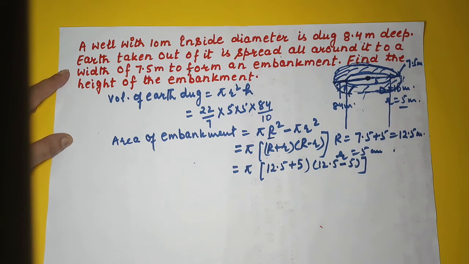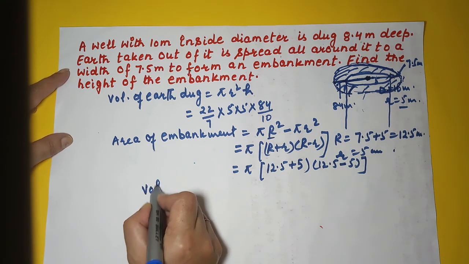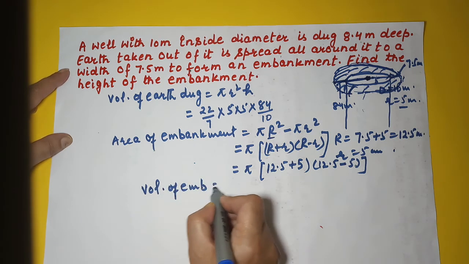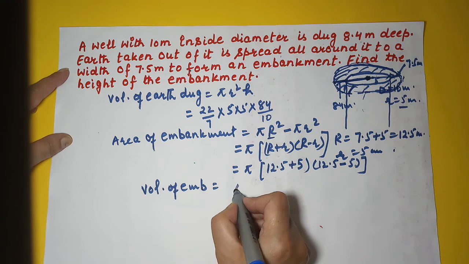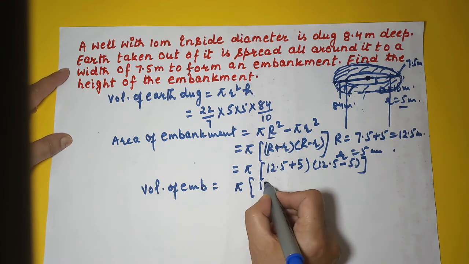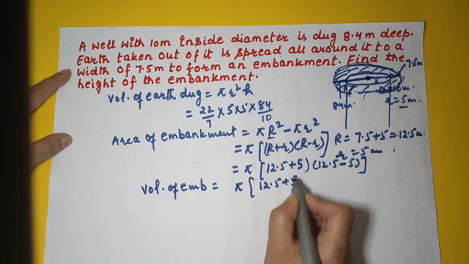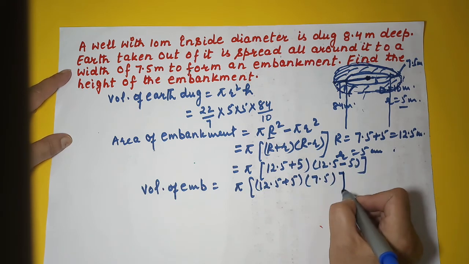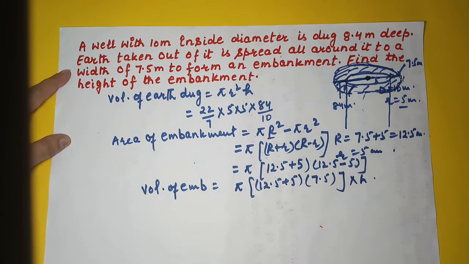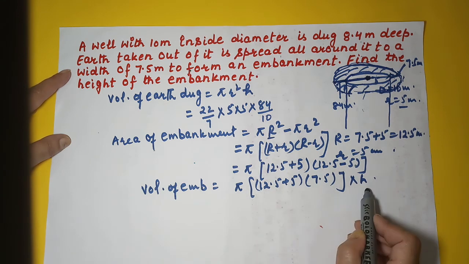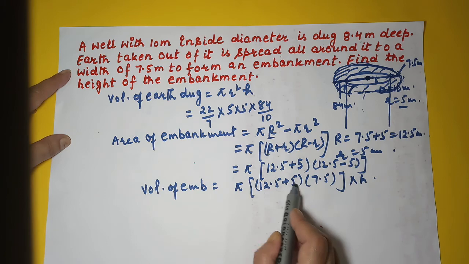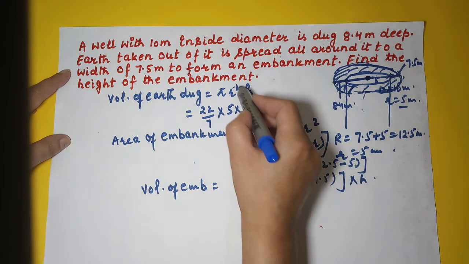Now, if I want to find the volume of embankment, that will be this area into 7.5 into h. Now, the volume of this embankment is equal to the volume of the earth dug because the same earth is utilized here. So these two volumes will be the same.